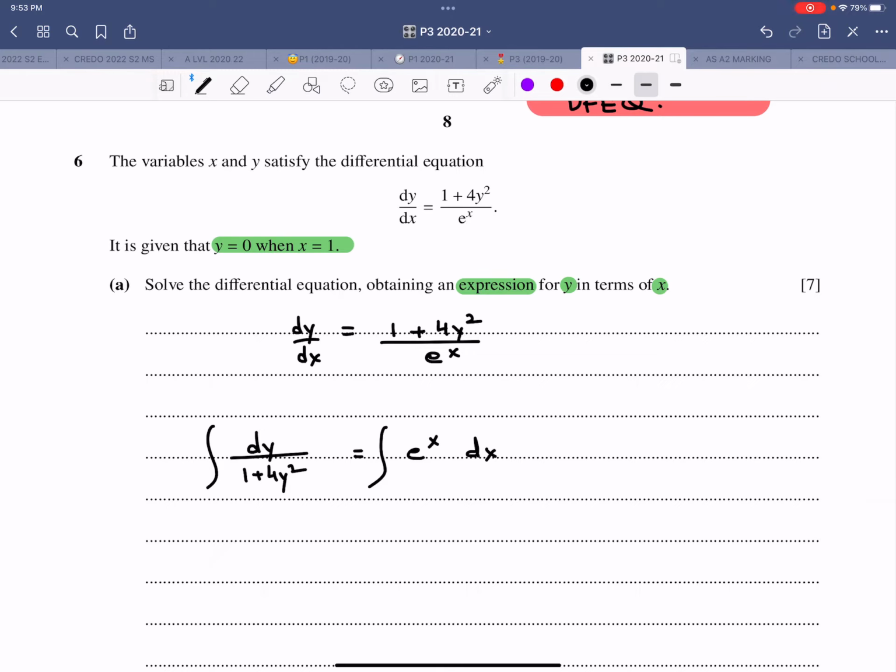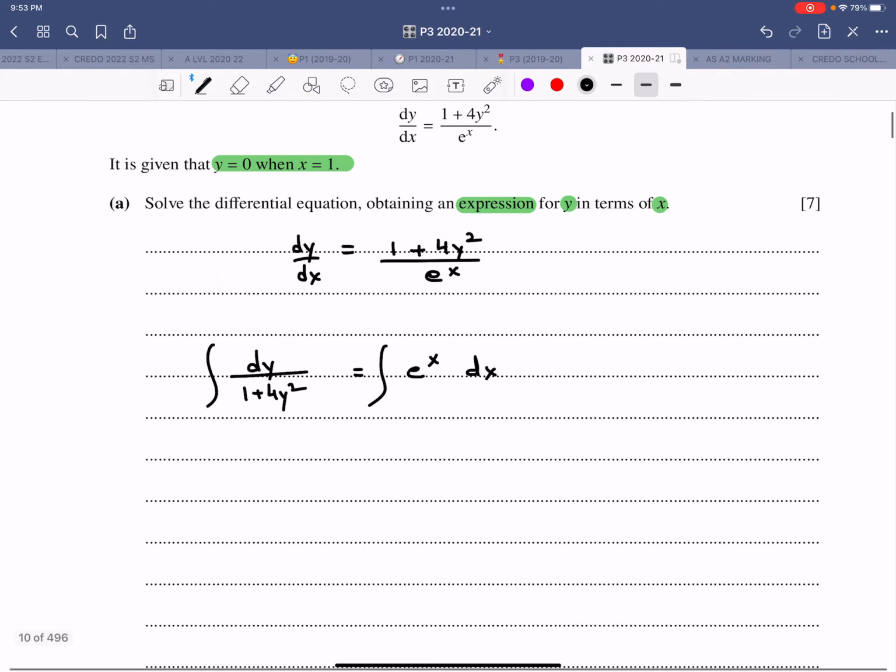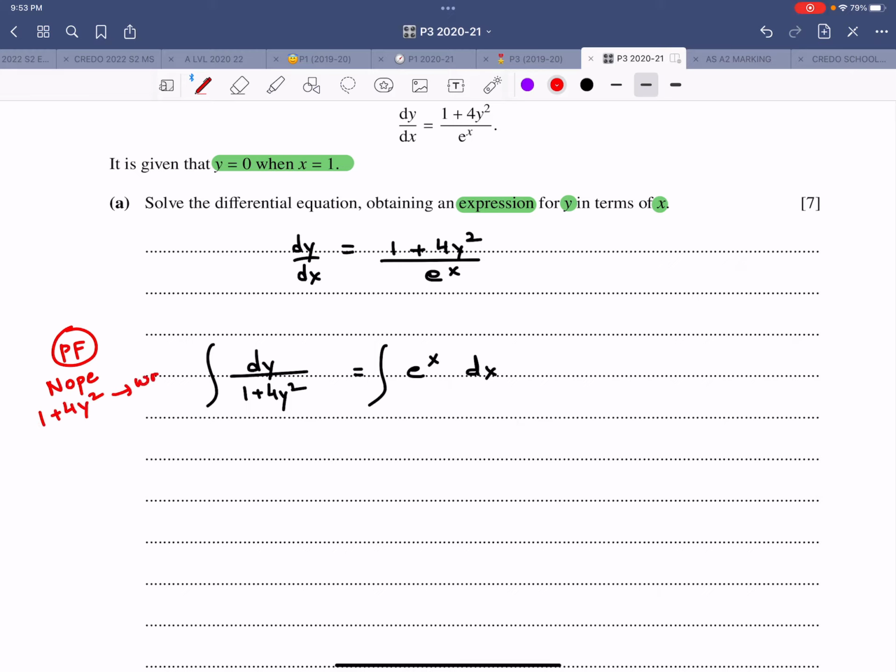Now, do you remember any particular concept that involves this? Is it something to do with integration by partial fraction? The answer is nope, it's not partial fraction. Why? Because 1 plus 4y square won't factorize.